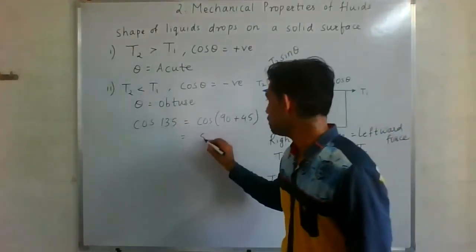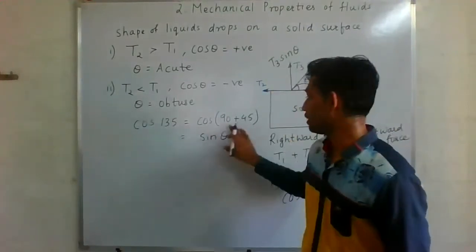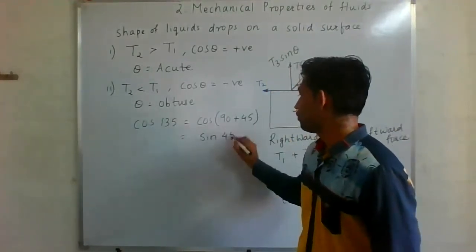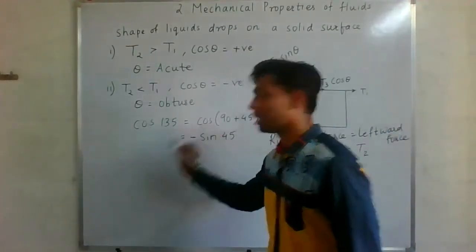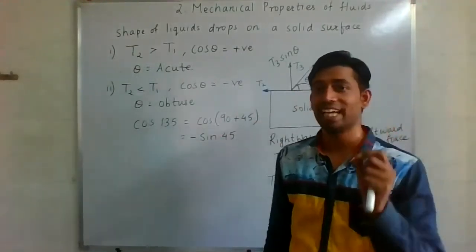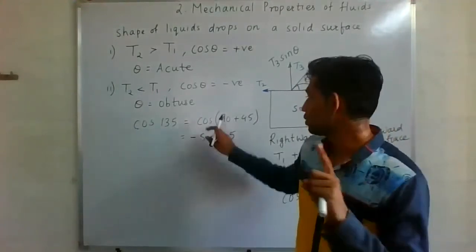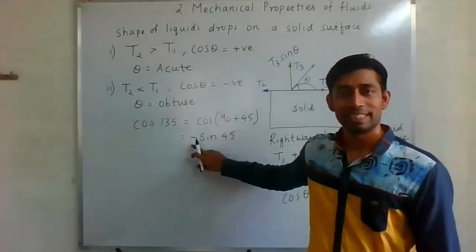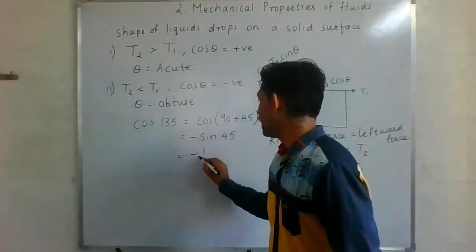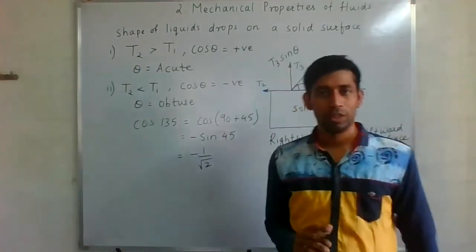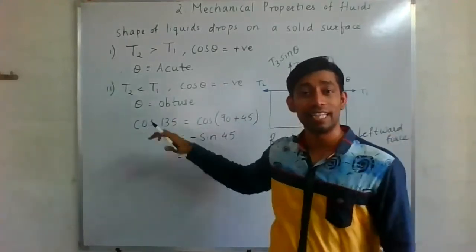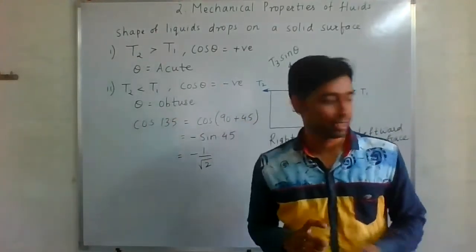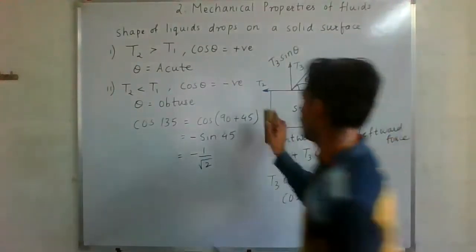You know it will become minus sine theta, that is sine 45, and this lies in the second quadrant. In the second quadrant cos is negative, so I need to give a negative sign. So I got this as minus 1 by root 2. Whenever we have cos theta as negative, definitely the angle is more than 90 degrees. That is how we come to this conclusion.